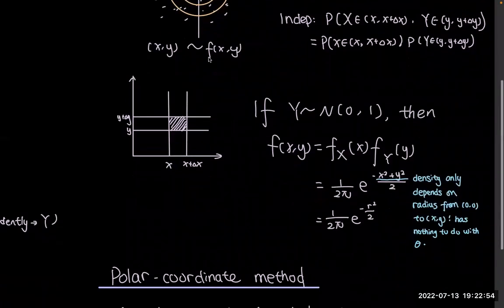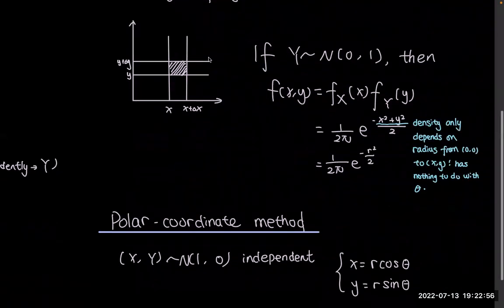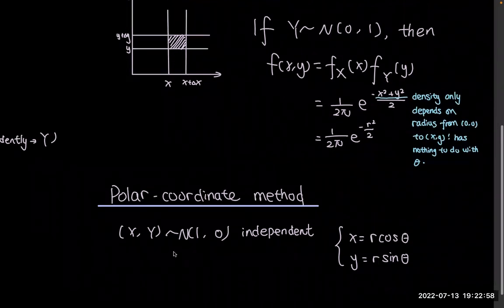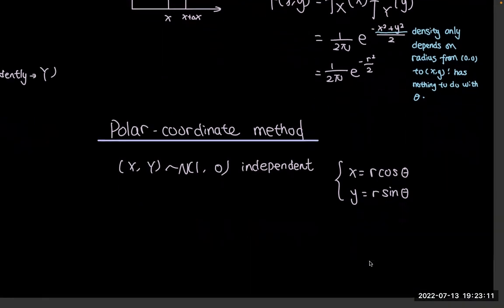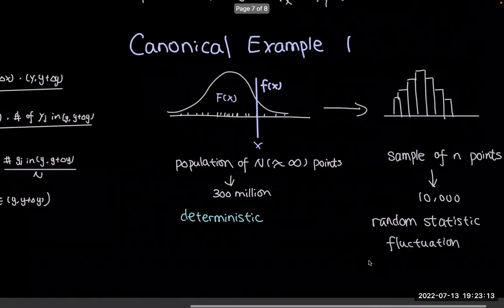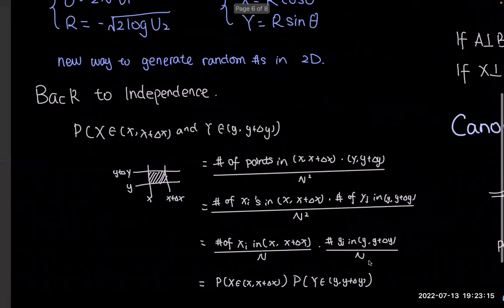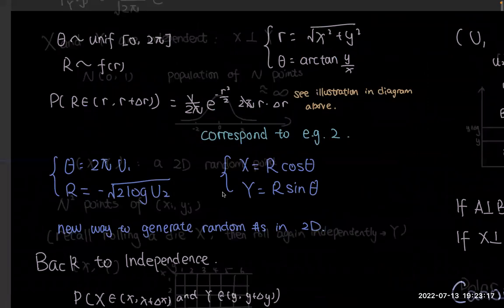So under the polar system, suppose x and y follow normal 0, 1 independently. Under the polar transformation, we represent x as r cosine theta and y as r sine theta. Then theta follows a uniform distribution.